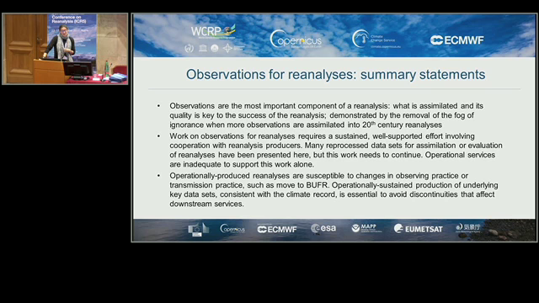Operationally produced reanalyses are susceptible to changes in observing practice or in transmission practice of those observations, such as when the move to BUFR was made. Adrian showed in his first presentation the consequence of that. Operationally sustained production of underlying key data sets consistent with the climate record is essential to avoid discontinuities that affect downstream services.